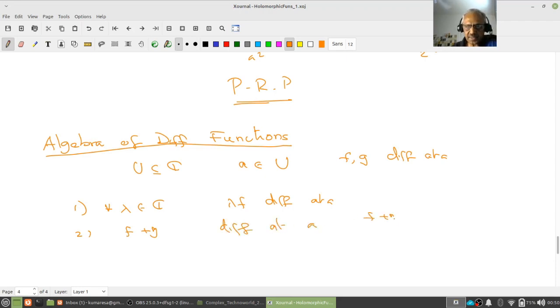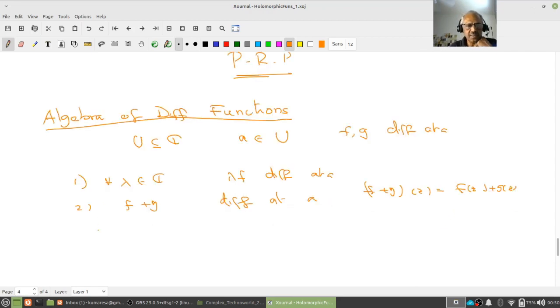What is f plus g at z? This is by definition f of z plus g of z. Okay, and third, f times g is differentiable, and what is the derivative? f plus g dash at z is f dash z plus g dash z, and f times g is differentiable at A, and what is f g dash?